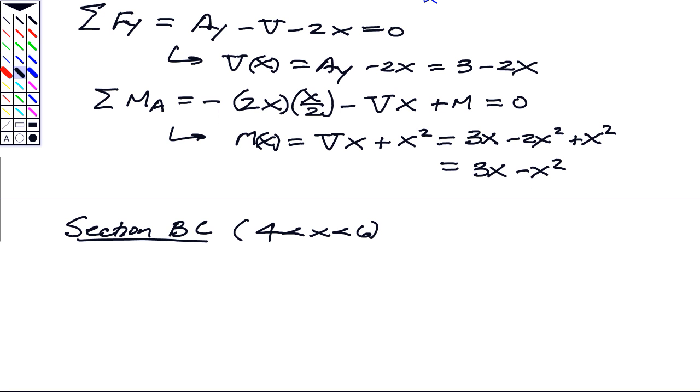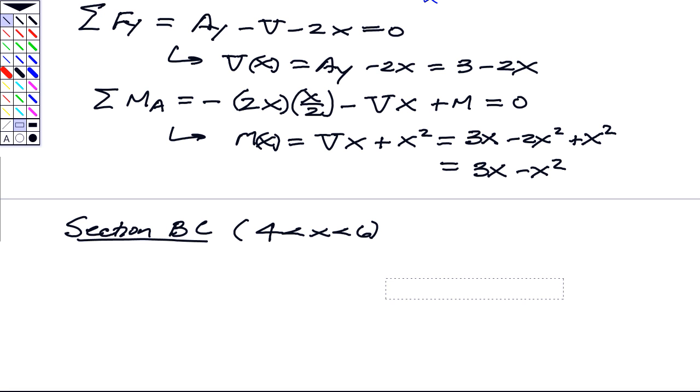So the new FBD is going to be for a section that terminates on the right side somewhere between B and C. So this is what we've got here. Oops, let me try that one more time here. I need to make sure that it's clear.